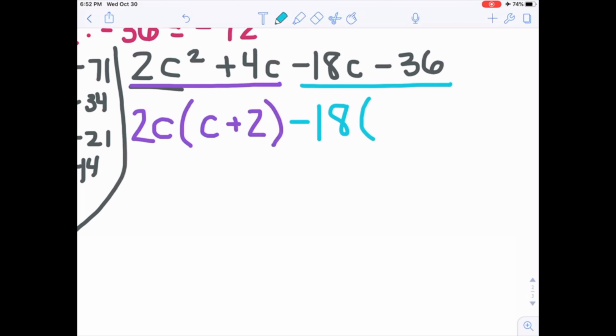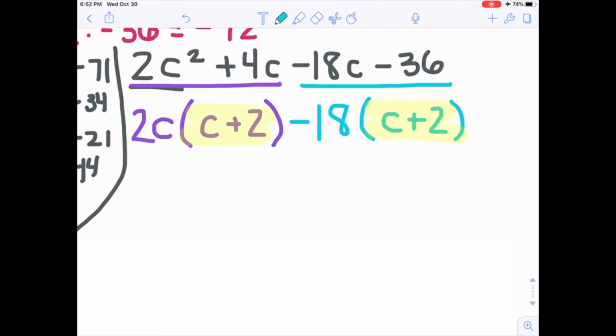So negative 18 times what gives you negative 18c? C. And negative 18 times what gives you negative 36? Plus 2. Because if you remember from our previous lesson, the goal is to get what's in the parentheses equal to one another. And if they are, that means you have factored correctly.